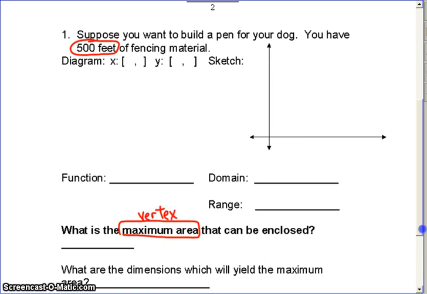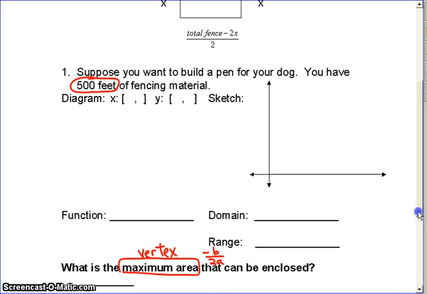And we know that the vertex can be found by using the formula negative b divided by 2a. Since these numbers are really big, rather than graphing it on the calculator and zooming out a bunch of times, we're just going to get right to the point. We're going to figure out where the vertex is immediately.